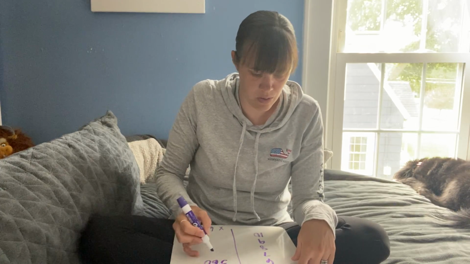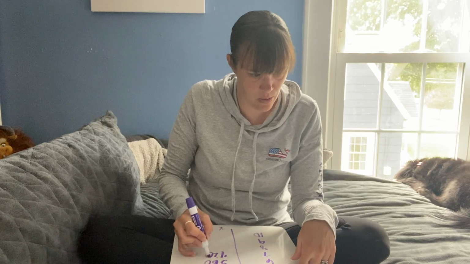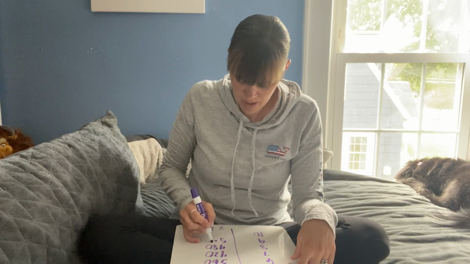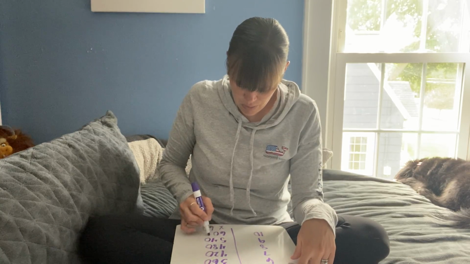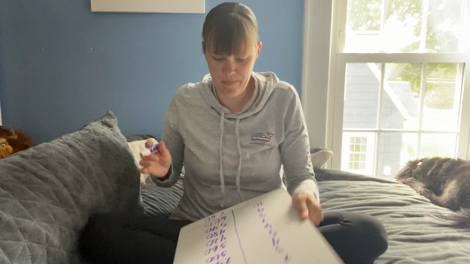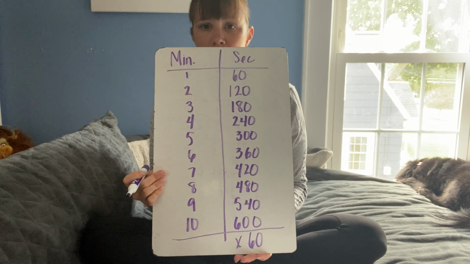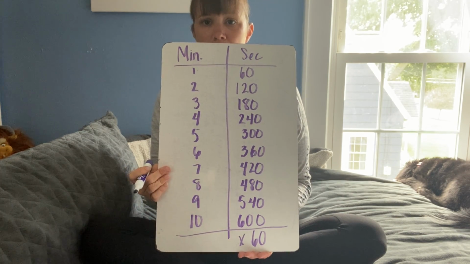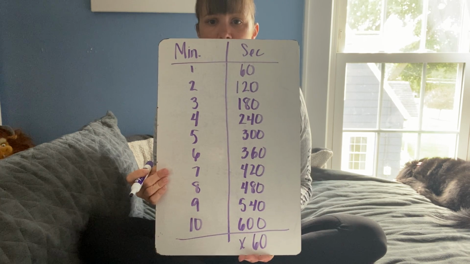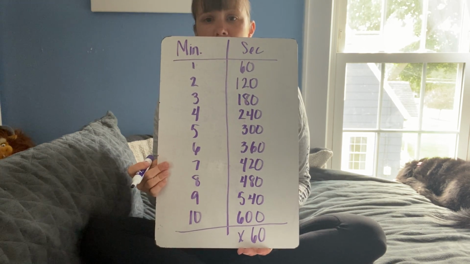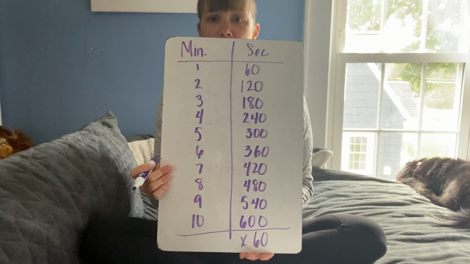So I'm just doing this really quickly and I'll show you. And you are probably doing it very quickly too. And here are our numbers. So obviously you can take a minute, maybe pause this, it would help you to make sure. If you look at it, I really skip counted by 6 and just added my 0 in.